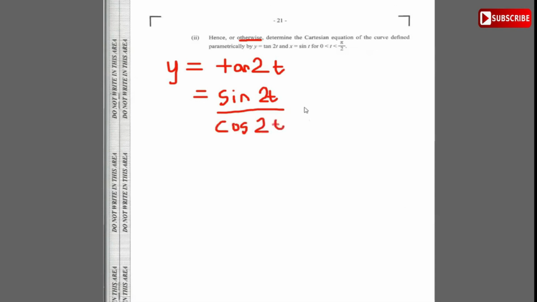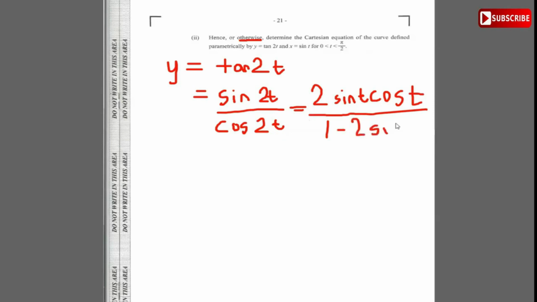I'm just sticking with identities that I know. So sine 2t over cos 2t. And then I know that sine 2t is 2 sine t cos t. And then I know that cos 2t is 1 minus 2 sine squared t.